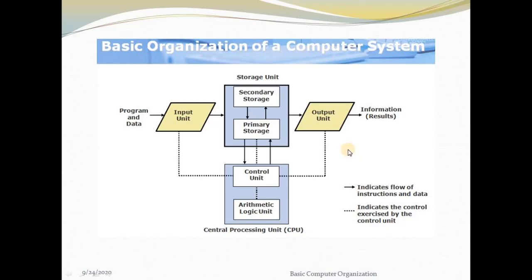And I want everyone to practice this block diagram, because from the examination point of view, or even from the knowledge point of view, the working of a computer system is very essential, and this block diagram is very much required. So practice this block diagram and try to draw a neat labelled diagram of this computer system. Thank you all.